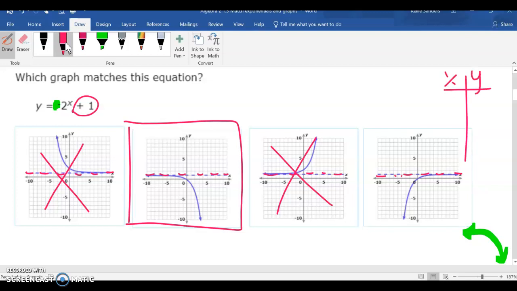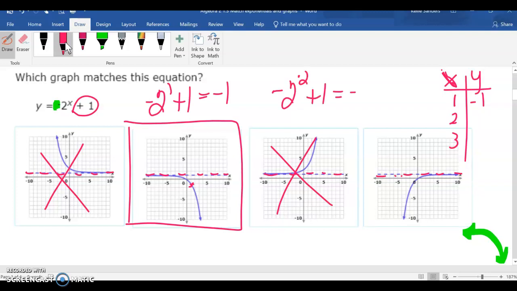But let's see. So we have x and y. If I put a 1 in, a 2 in, and a 3 in, negative 2 to the 1 plus 1 is negative 2 plus 1, which would be negative 1, which is right there. If I put 2 in, that would be negative 4 plus 1, which would be negative 3.